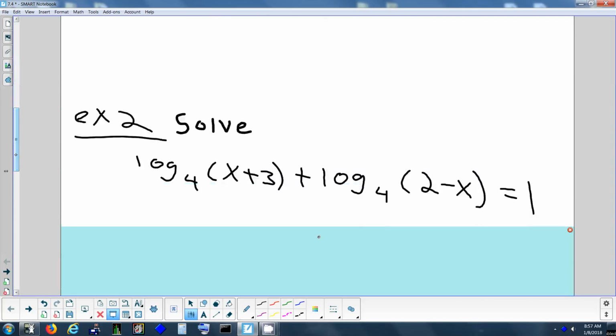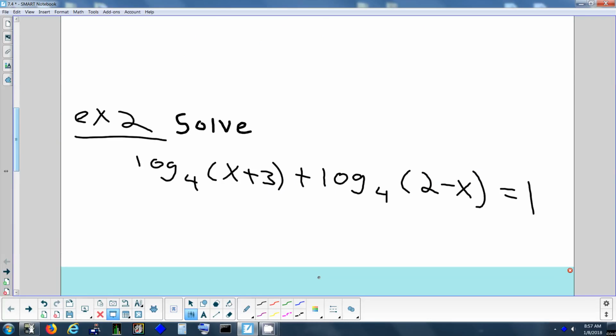All right, let's look at this one. So this one says log base 4 of x plus 3, plus log base 4 of 2 minus x, equals 1. Okay, Haley, do I have any numbers in front of the logs that I could put back as exponents?